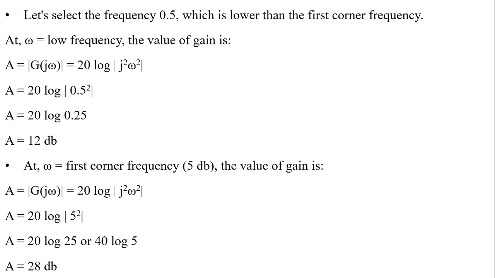First we take the frequency as 0.5, which is lower than the first corner frequency. In the formula A equal to 20 log of omega squared, we substitute omega equal to 0.5. So at last we get A equal to minus 12 dB. This is for the frequency lower than the first corner frequency.